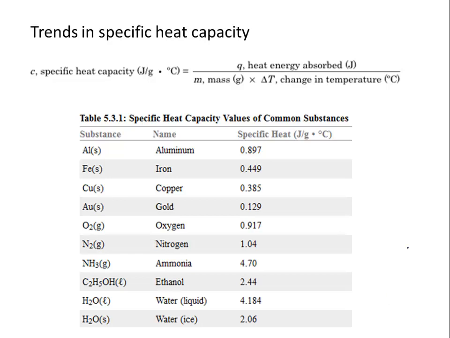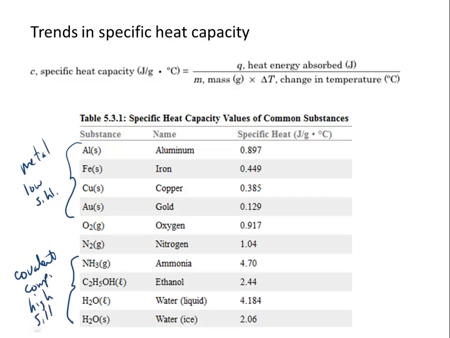All right. Now what we're going to do is take a short look at a table of specific heat capacities and just look at some trends. The most important is that metals have low specific heat capacities. Non-metal compounds, that is covalent compounds, tend to have high specific heat capacities.